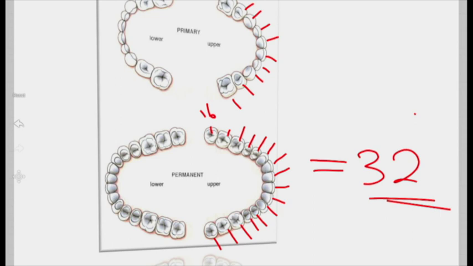This covers the incisors, as can be seen here. These 4 here are the incisors. Then the canines, premolars, and the molars. So once again, it's very important to know where these different types of teeth are located in the mouth.